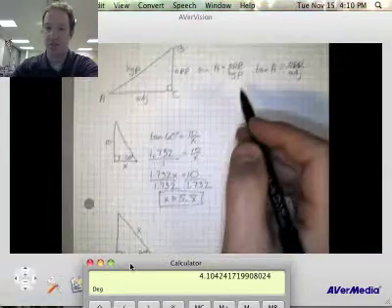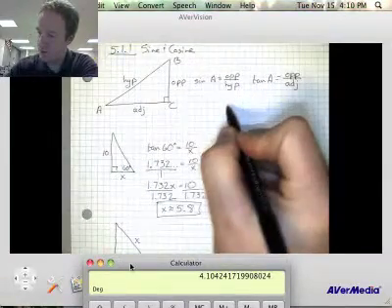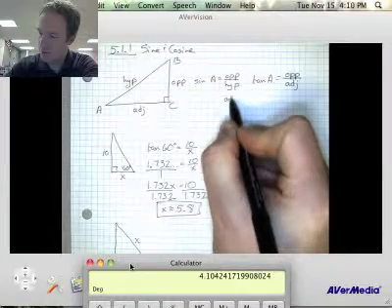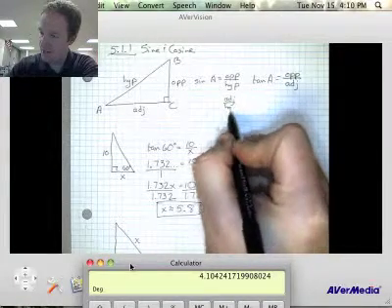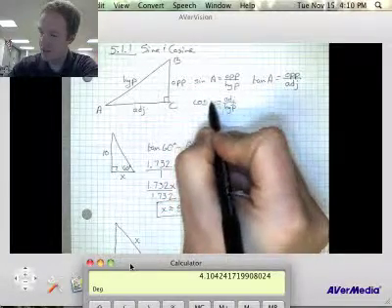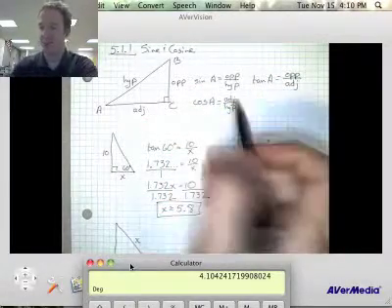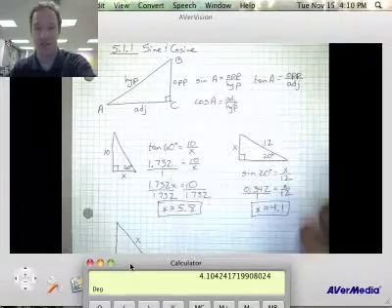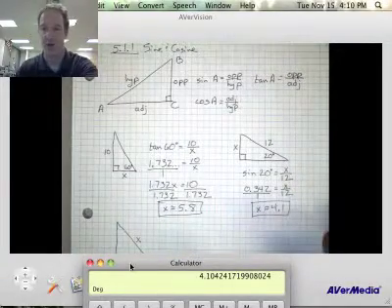And actually, the ratio of those, the adjacent side over the hypotenuse, is this other ratio, and it's called cosine. And on your calculator, you'll see a button that says COS, and that's the cosine button, and that's how you figure out what that ratio is.